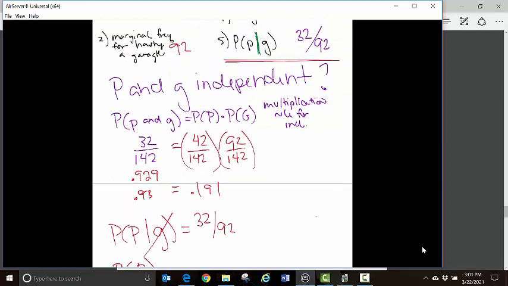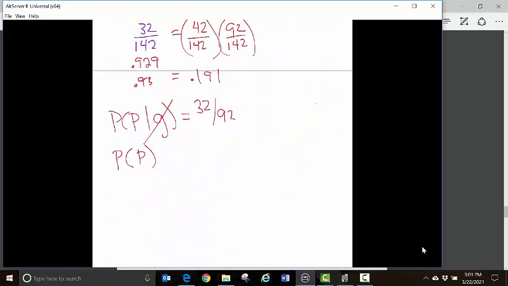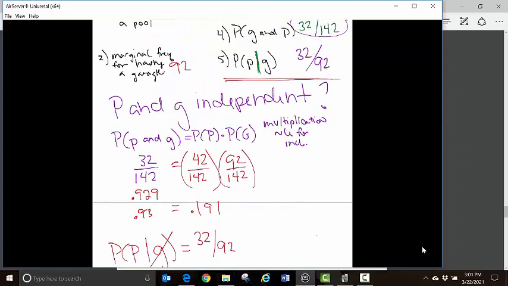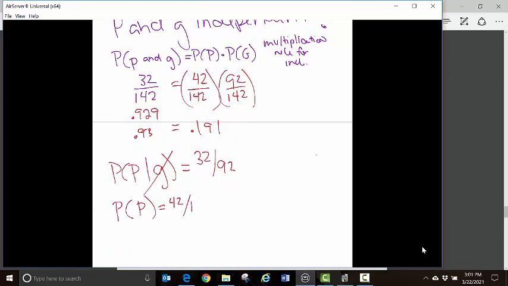Well, what's the chance of having a pool again? 42 out of 142. And I tell you, if you did these decimals, they will not be the same. Okay, so let's check them real quick. I only know that because the other test failed. I didn't round well on that. Notice they are not the same, so they are not independent.